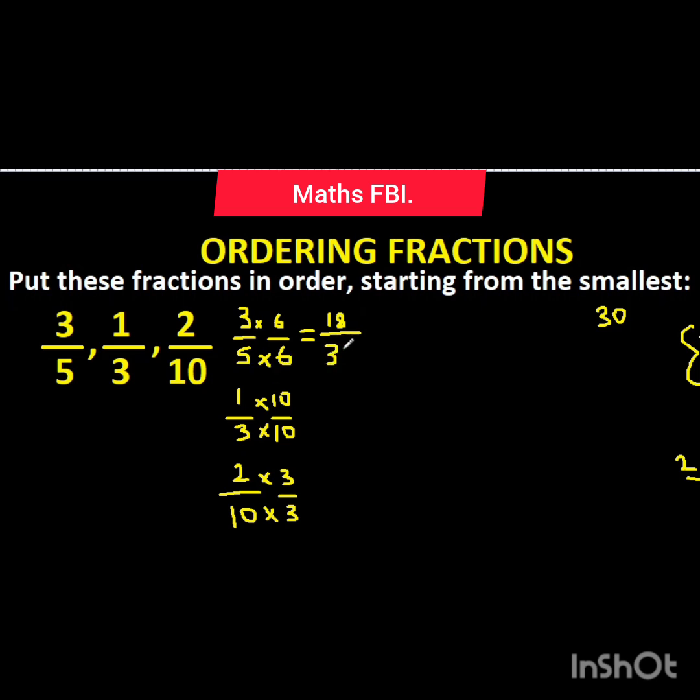Do the same here. 1 times 10 equals 10 over 3 times 10, 30. Go to the last fraction. 2 times 3 is 6 over 10 times 3, 30.